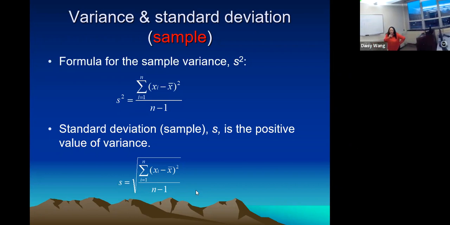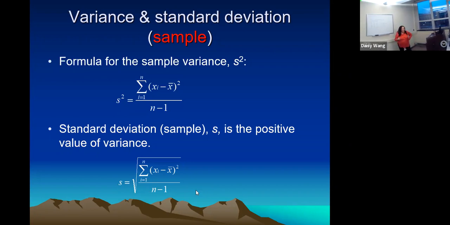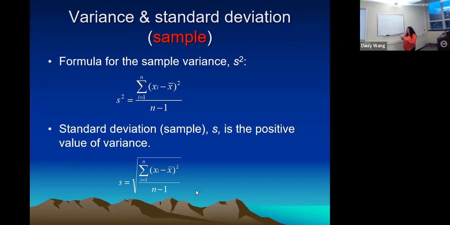Sorry, so it's 20 point something. 425 square root, 20.62, okay? So that's the standard deviation.